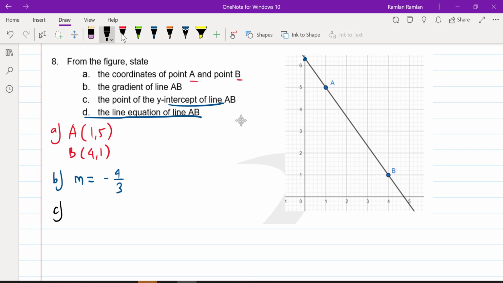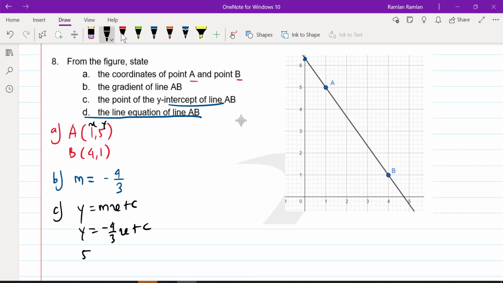I'm just looking at y equals mx plus c, and since we know that the gradient is negative 4 over 3, it'll be y equals negative 4 over 3 x plus c, and I'm going to use one of the points. I'm going to use this A, so this is going to be x and y. I'm just going to substitute all of them.